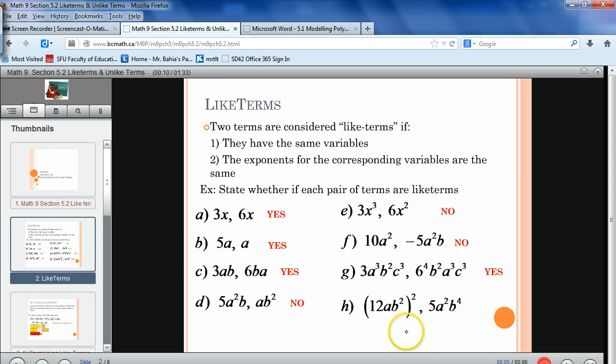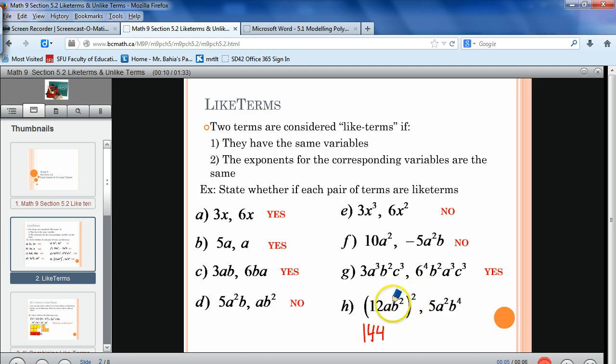Now for this, if you remember, this is a power raised to a power. So this is the same thing as saying 12 squared. Remember, this power is going to everything in here. That and that would be 144.